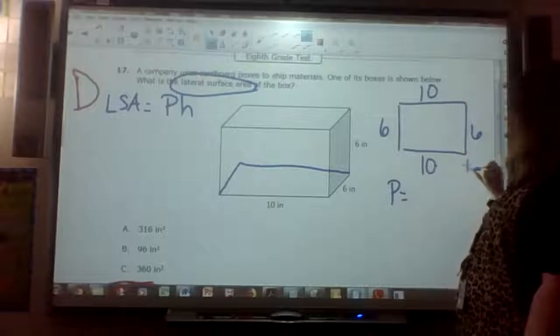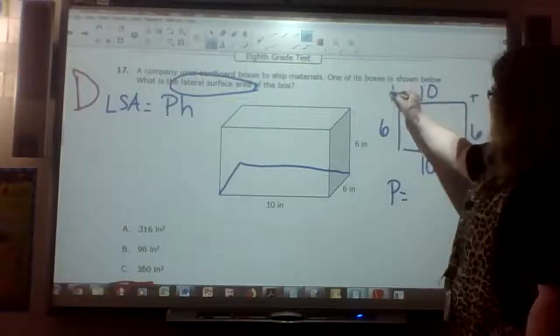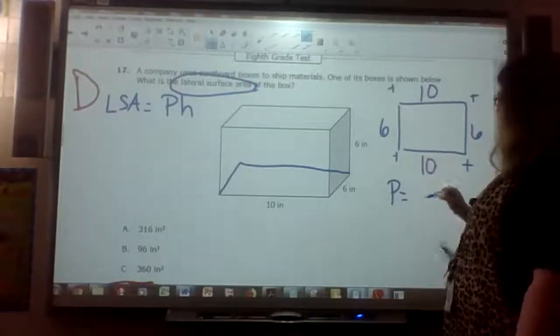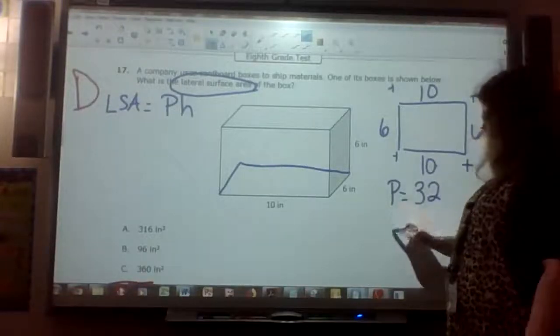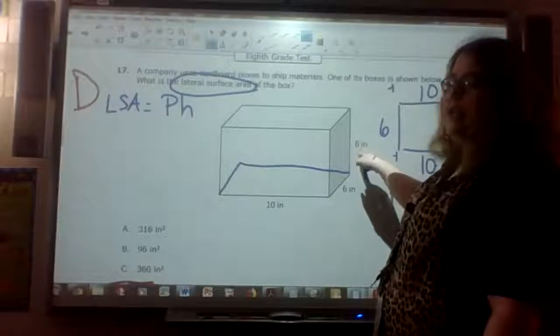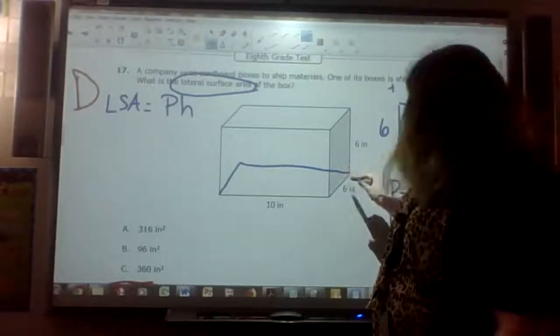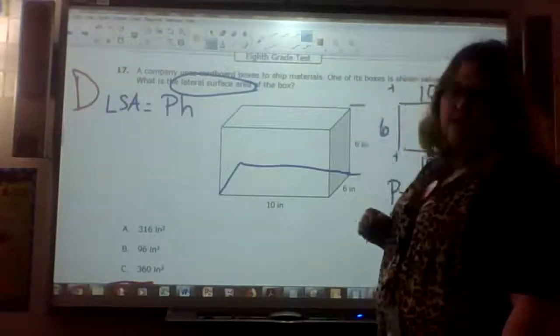10 plus 10 plus 6 plus 6 is 32. My height is the only number I did not use, which is how tall the figure is.